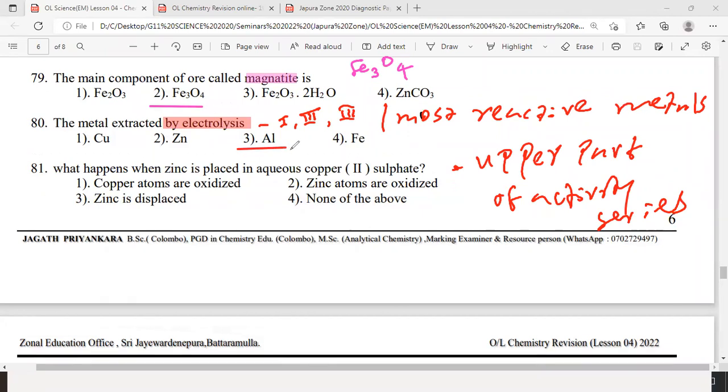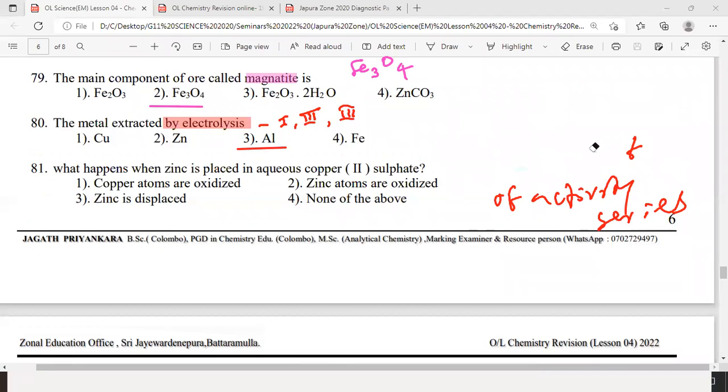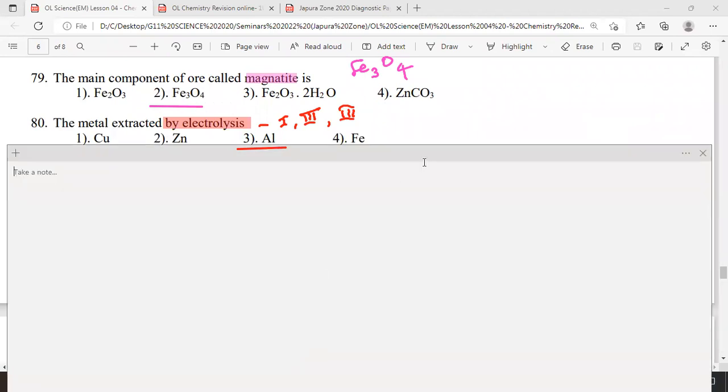What happens when zinc is placed in copper 2 sulfate solution? Other than the periodic table, you get many questions in chemistry related to the activity series.